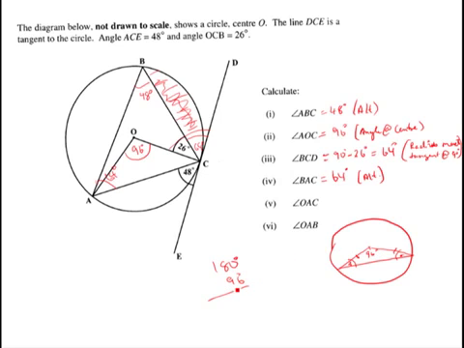We'll take it away from that. 6 from 10 gives us 4, and then we have 9 from 17.